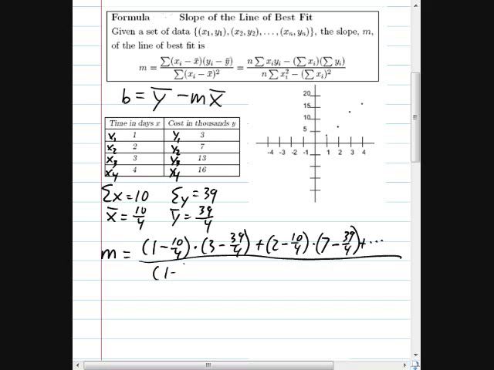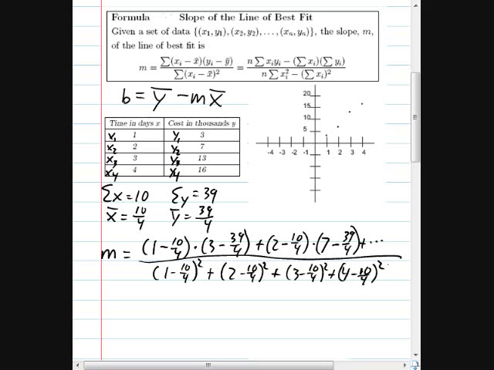So 1 minus 10/4 squared, the first x deviation squared, plus 2 minus 10/4 squared, plus 3 minus 10/4 squared, plus 4 minus 10/4 squared. And we could work this out to find the slope.